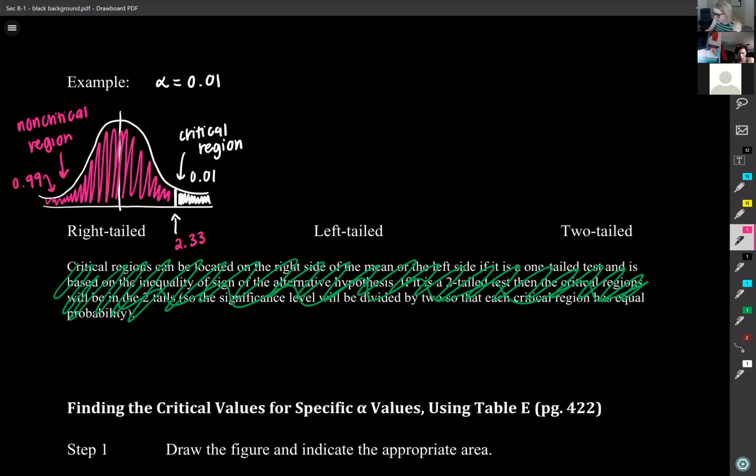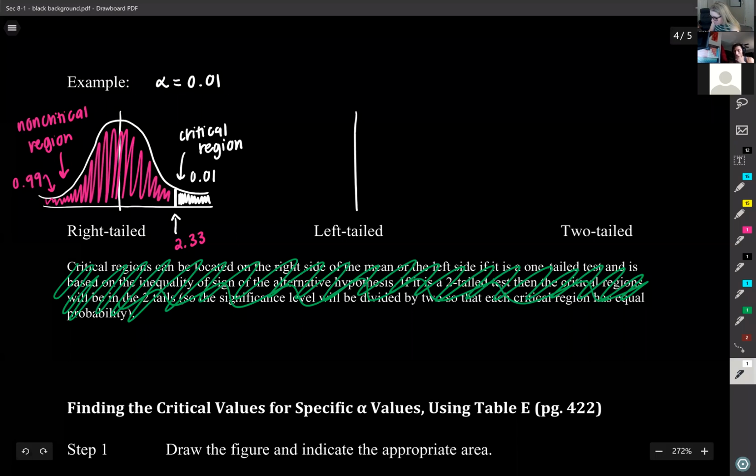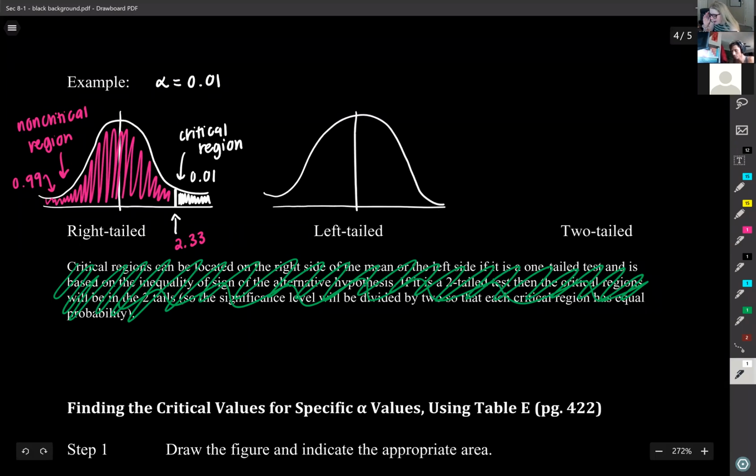Okay, so let's now do the left-tailed test, which is very similar. So I'm going to draw the same thing. And I want what is in the left tail to be 0.01. And this is the critical region. It's almost the same as the last example. It's just now in the left tail.